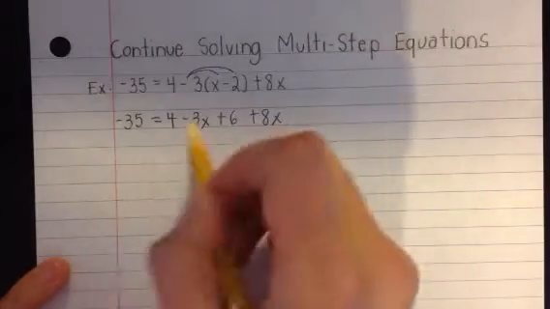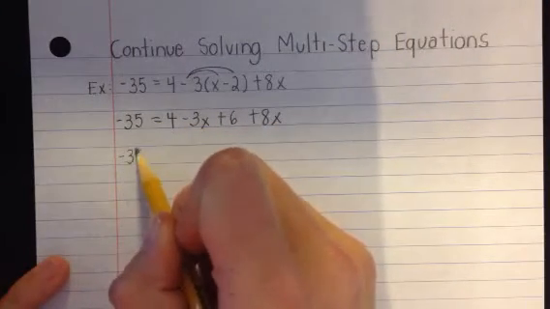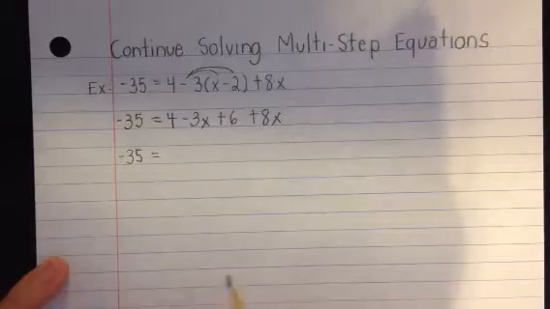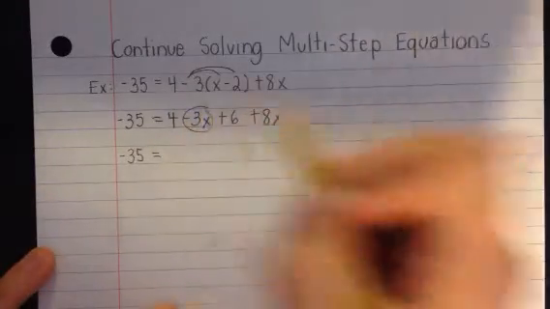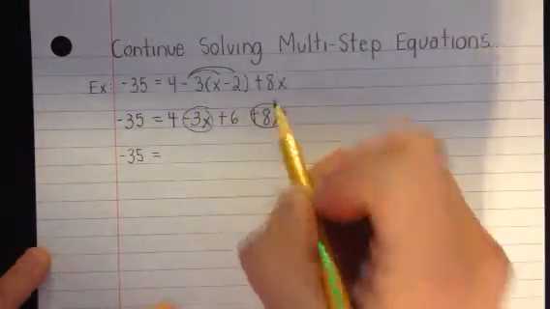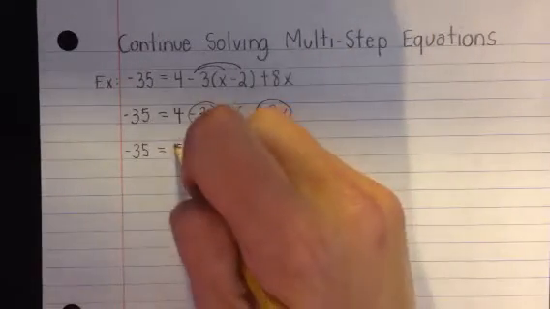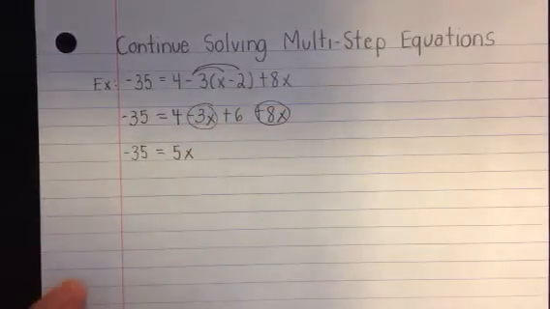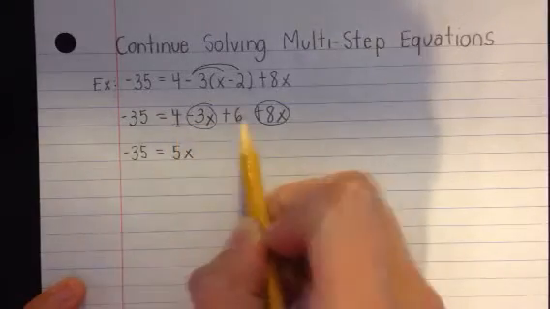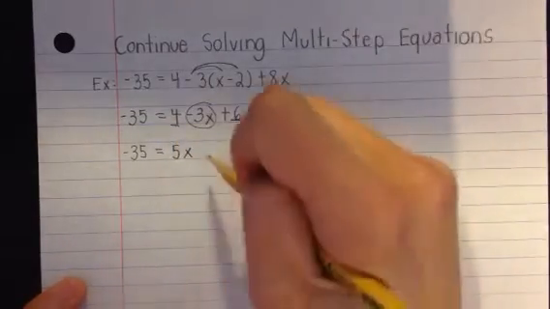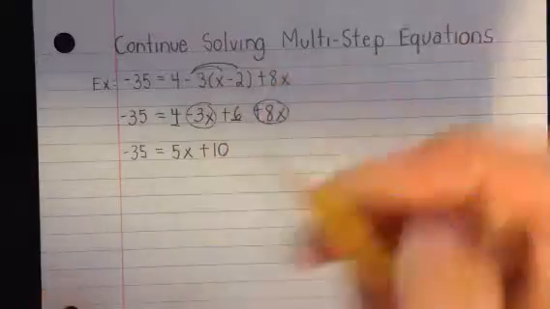So now let's go ahead and combine our like terms. So dragging down the -35 equals, my like terms are -3x and +8x, and that's going to become +5x. And then we've got 4 and 6, they're both positive, so that's going to become +10.